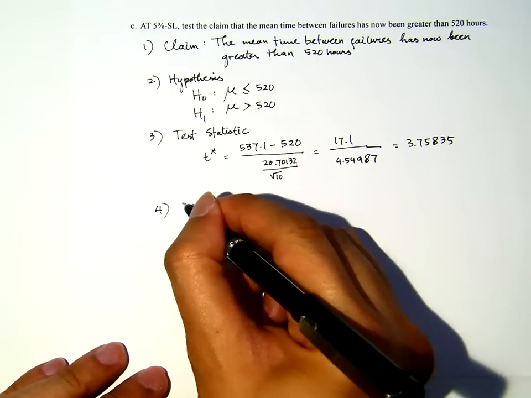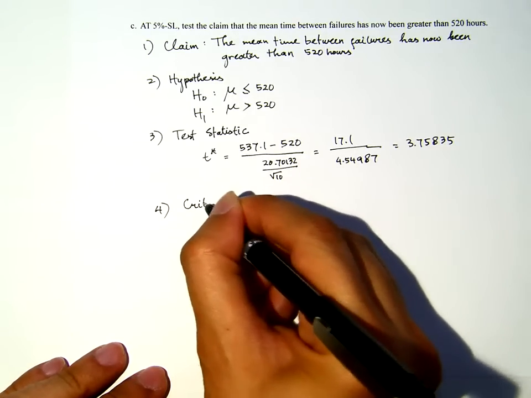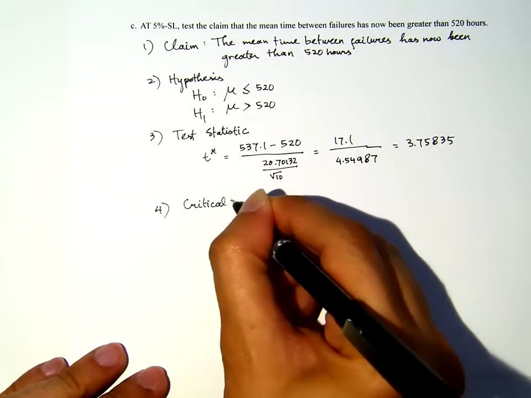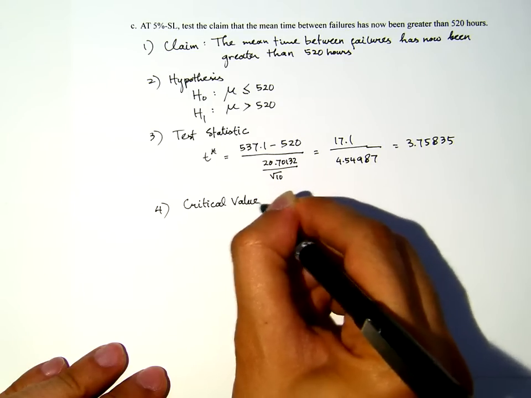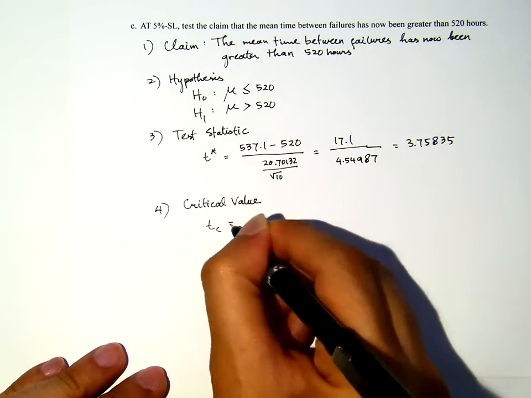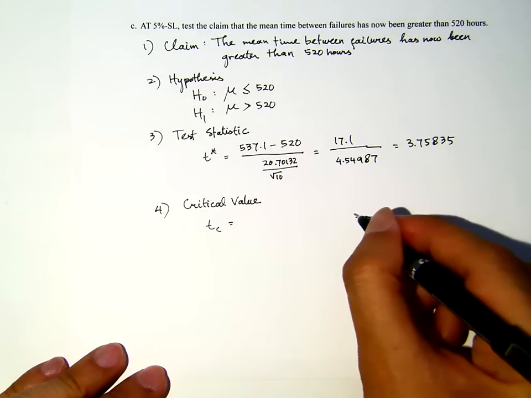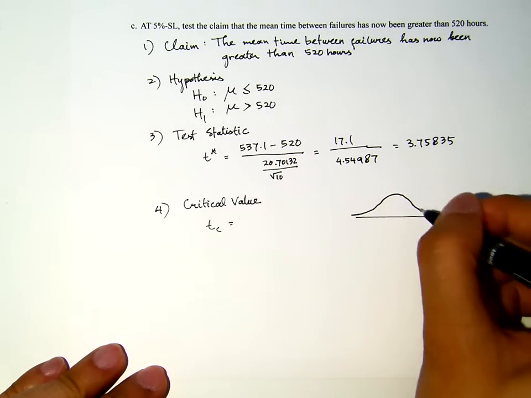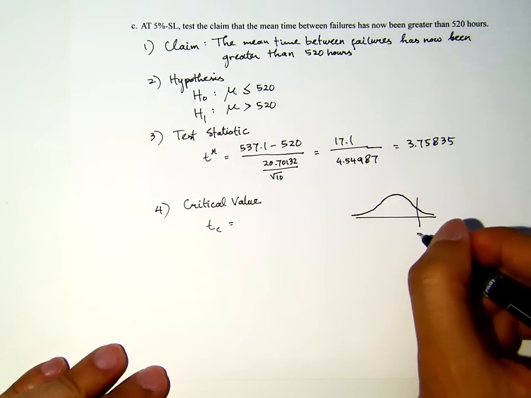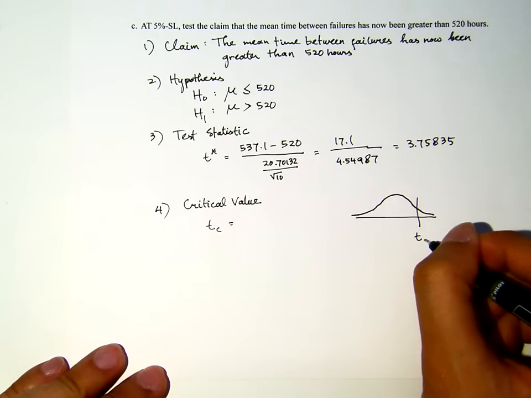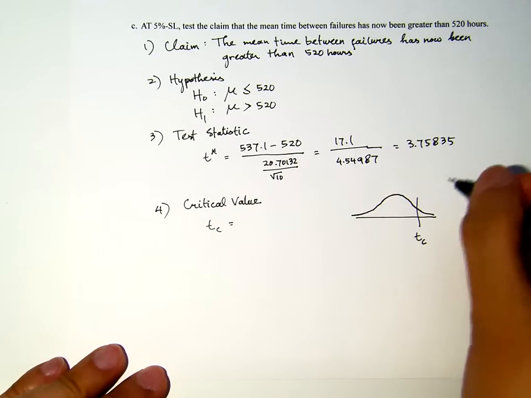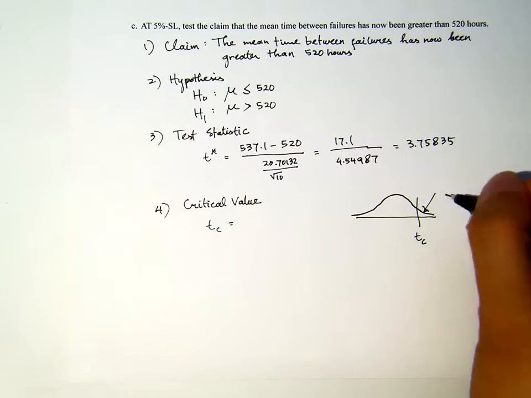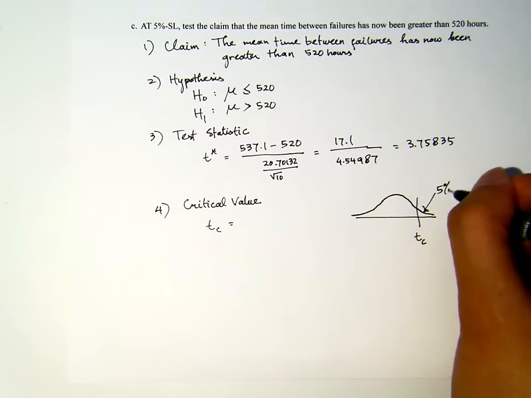Critical value, the T critical here. It is a one tail test, right? And it's the right hand tail, and the significance level is 5%, so this is 5% here.